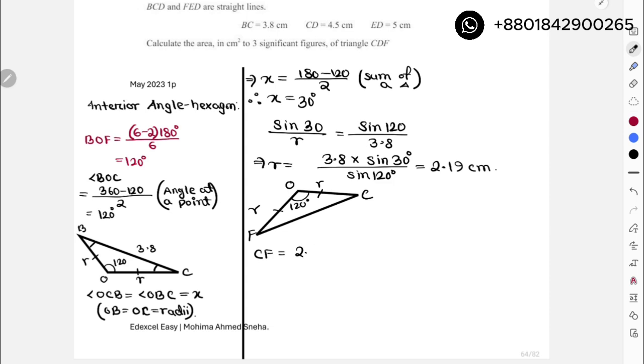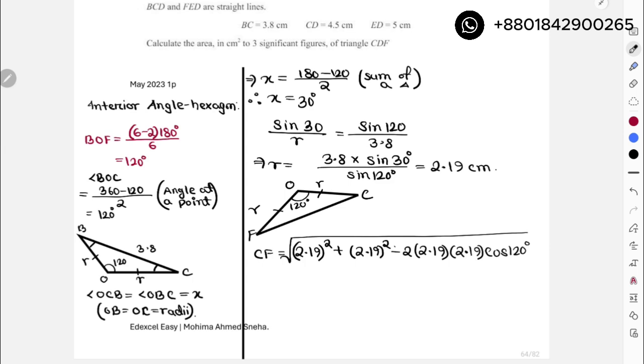For CF, it's going to be the square root of 2.19 squared plus 2.19 squared minus 2 times 2.19 times 2.19 times cos 120 degrees, everything under the root, and that gives you a value of 3.79.